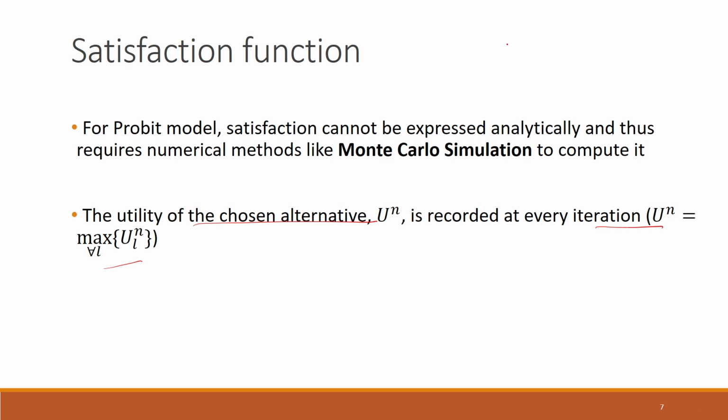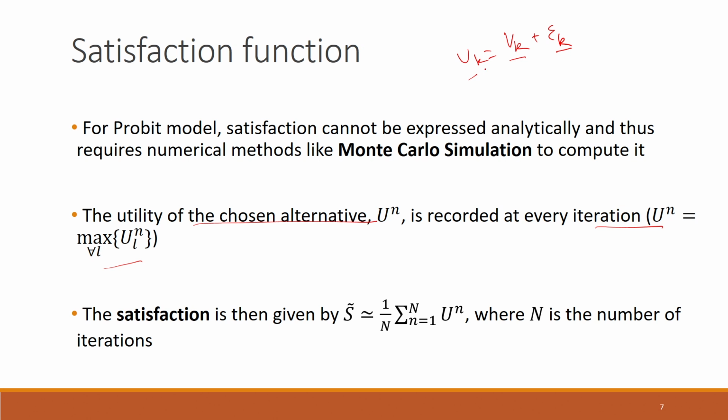So, we get the values of Vk plus the error term for each alternative, because Vk is given, and the error term value is obtained from the distribution of the error term. With this we get the utility of each alternative, and then we can find out which alternative has the highest utility.